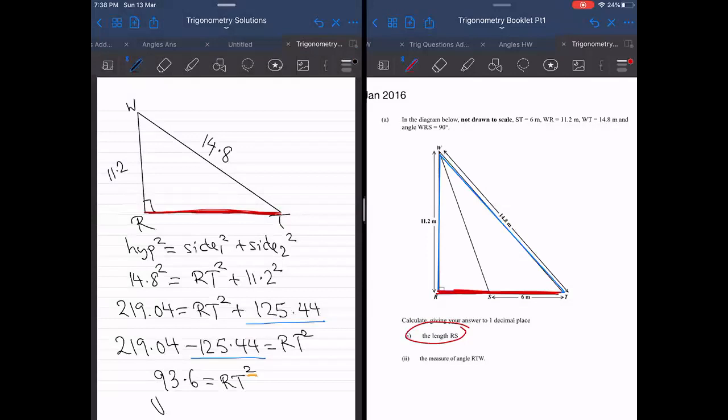So I will have to find the square root of 93.6 to find RT. And I can tell you that is going to give us 9.67 or 9.7 since everything is there. So all of this is 9.7.